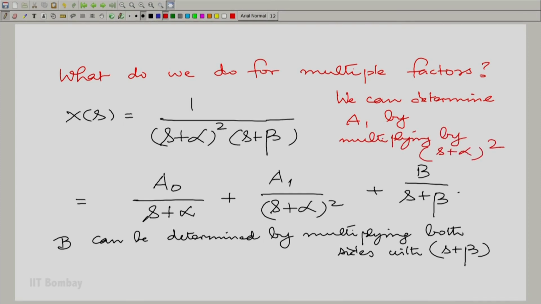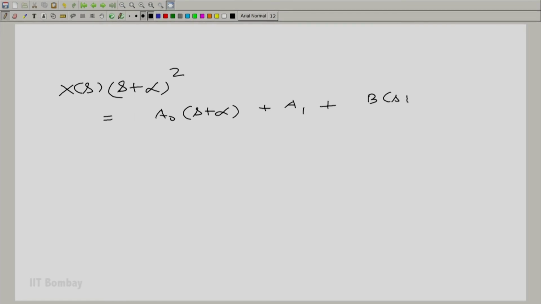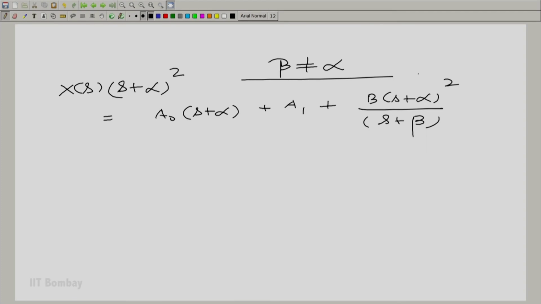In fact, let us do that. So, if we do that, we would get X(s) into s plus alpha the whole squared, a0 into s plus alpha plus a1 plus b into s plus alpha the whole squared divided by s plus beta. Of course, all this while we are assuming that beta is not equal to alpha, that is implicit.